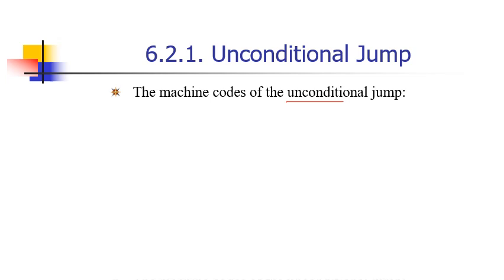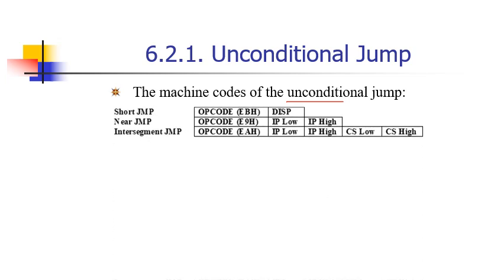The machine codes for the unconditional jump are EB for the short, E9 for the near, and EA for the inter-segment. Regarding the short, you add only a displacement composed of 8 bits, while near you add 16 bits.